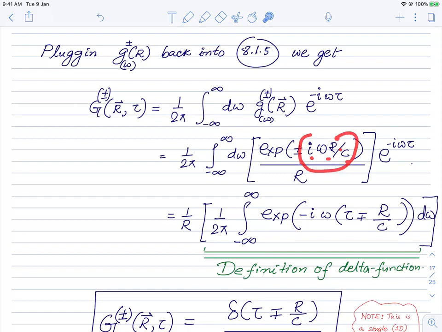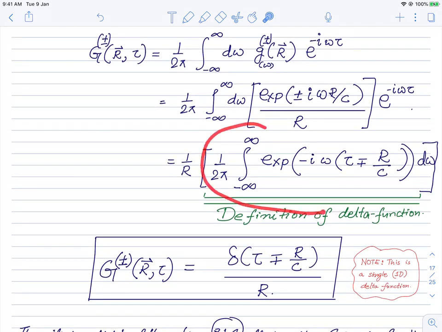So it becomes omega times tau minus plus r by c, where this r is the distance from the location where the delta function clicks. Therefore, this combination is now a delta function with the argument tau minus plus r by c. That is very clear because this is the integration over omega of e to the power i omega x, d omega, which is a delta function of x. The x here is this combination, tau minus plus r by c.